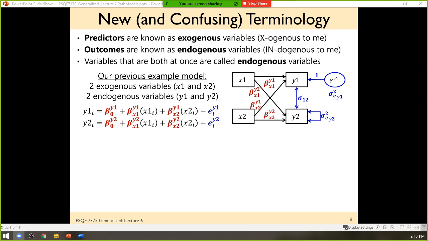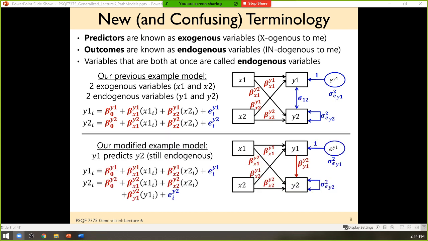So in these path models, where it gets confusing is the role of predictor and outcome is sometimes ambiguous. In this picture, on slide 8, it looks like you would say x1 and x2 are predictors, they're exogenous, and y1 and y2 are outcomes, they're endogenous. And indeed, this is the kind of model that you can fit by tricking univariate software like Mixed or Glimix.